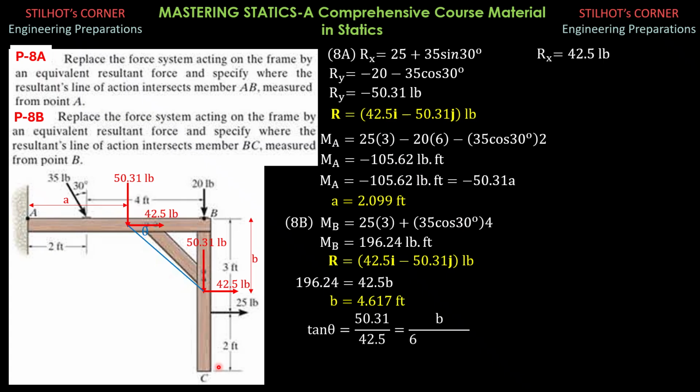And this is also equal to B over this distance, which is, if this is 4 feet, then because we already solved for the value of A, that means this is 6 minus A. So equals B over 6 minus A, which is 2.099. Solving for B, B is 4.618 feet.